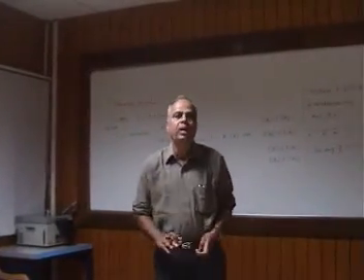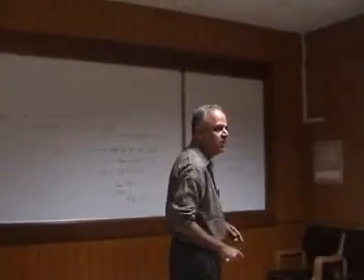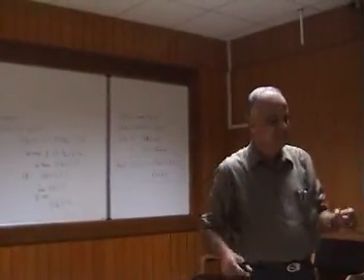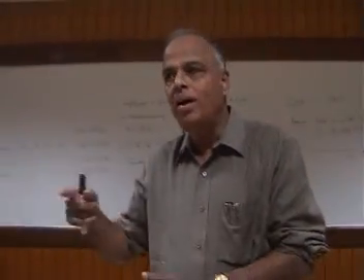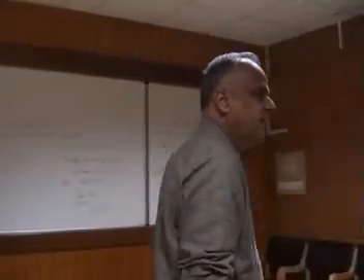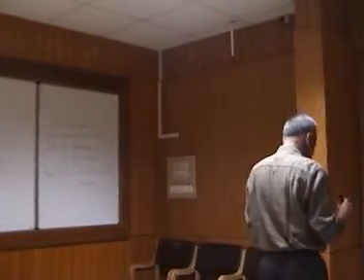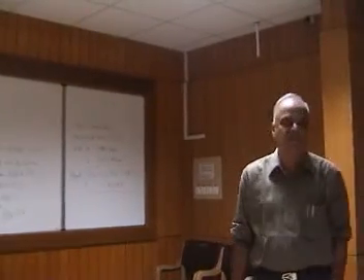And therefore, the only way that there could be a discontinuity is that the left hand limit doesn't match with the value, or the right hand limit does not match with the value, or both do not match with the value. Therefore, at least one of the values should not match with f x naught.